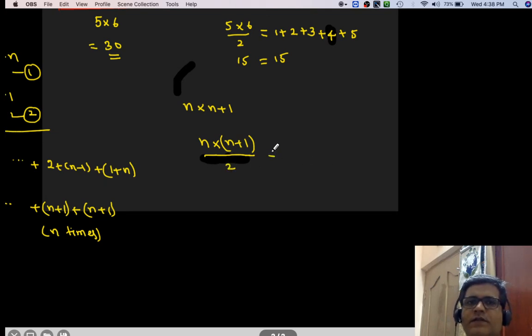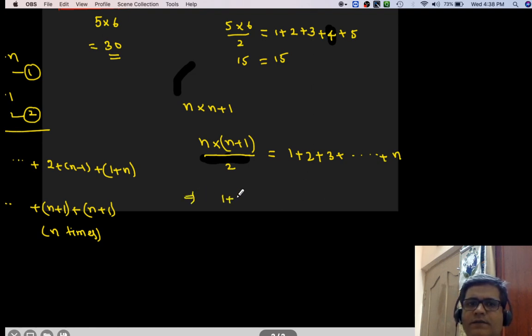So similarly, if you write the number of dots in either part, the number of dots will be 1 plus 2 plus 3 plus etc. up to n.